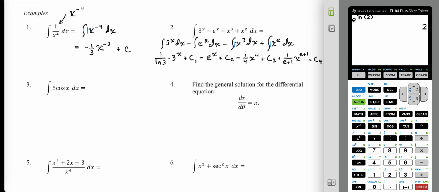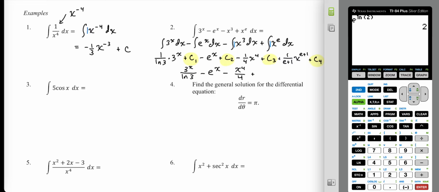Now, what I can do here is consolidate all of these constants, right? Because if you add constants together, all you're going to get is another constant. So when I clean this up, I'll get 3 to the x, I'll write this as, just to make it cleaner, over ln of 3 minus e to the x minus x to the 4th over 4 plus x to the e plus 1 over e plus 1.